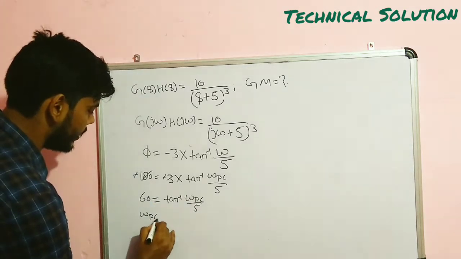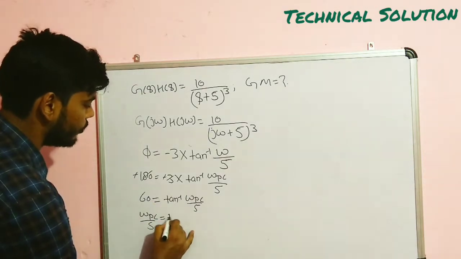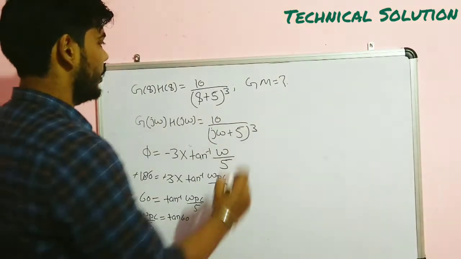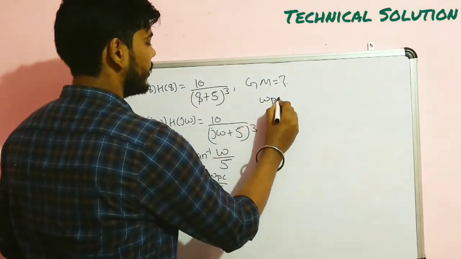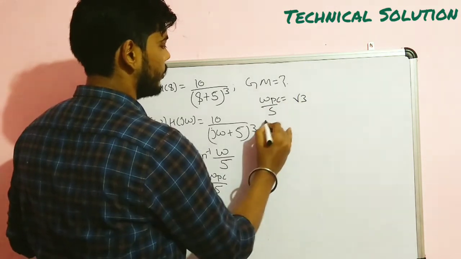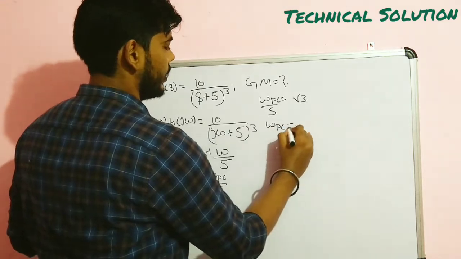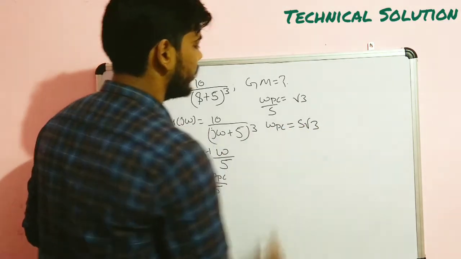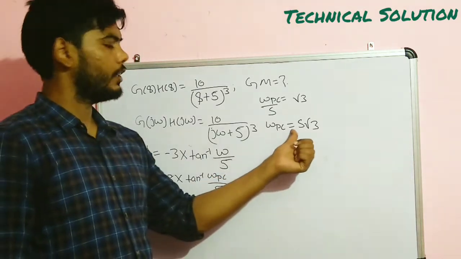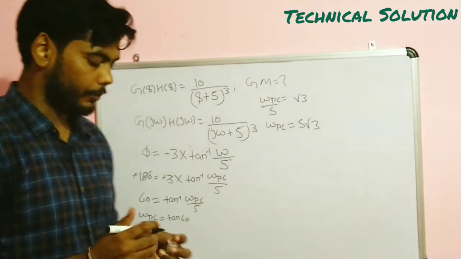So omega PC upon 5 is equal to tan 60. The value of tan 60 is root 3. So omega PC is equal to 5 root 3. From this open loop transfer function, we have found the phase crossover frequency.